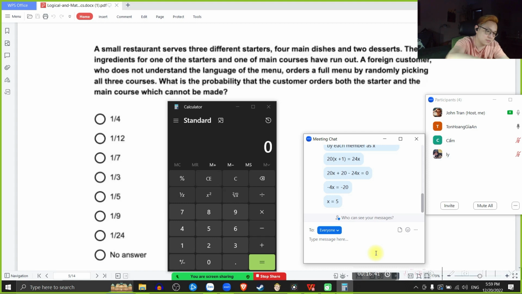What is the probability that the customer orders both the starter and main course which cannot be made?